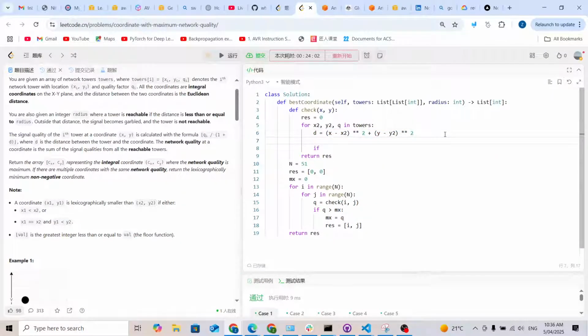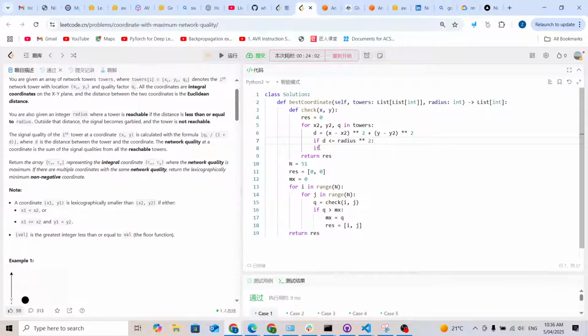So this is going to be safe. So if this square root is less than or equal to the radius, basically this means we use a square to calculate, and then we use the square root to check the distance.